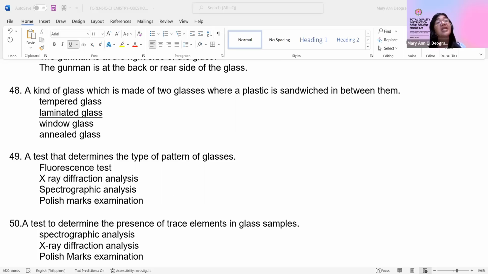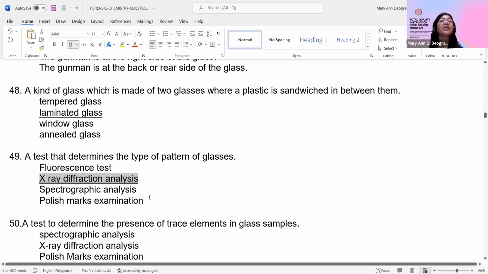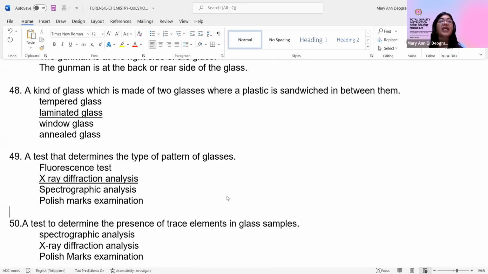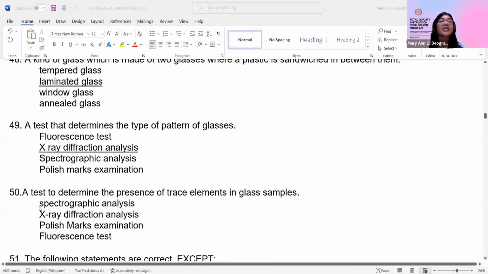Spectrographic is trace elements. Okay. So, ang spectrographic natin, trace elements, ito, number 15 natin yan. So, ang number 15 natin, that is done using the spectrographic analysis. So, trace elements yan.